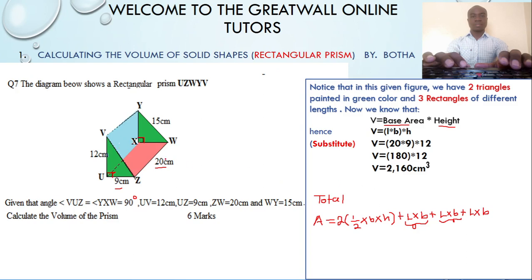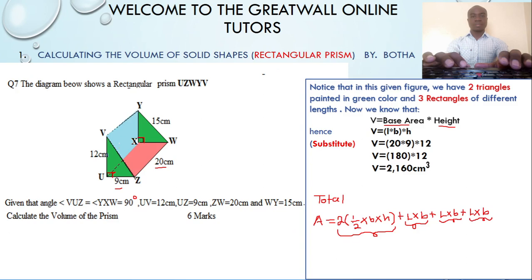Then the front rectangle can be this last L times B. And this one, which we are multiplying by 2, is the area of the triangle, right? We multiply by 2 since we have 2 triangles. So that means we have added the areas of every face of this prism. Now that gives us the total surface area of the prism. Okay, so you can do that.